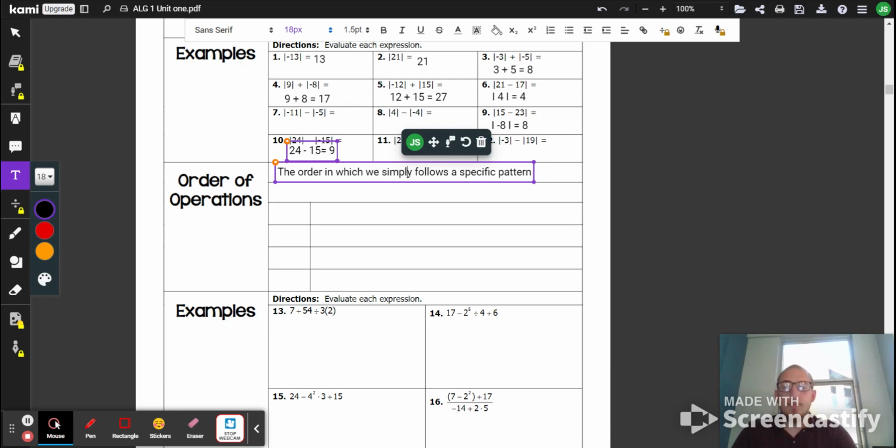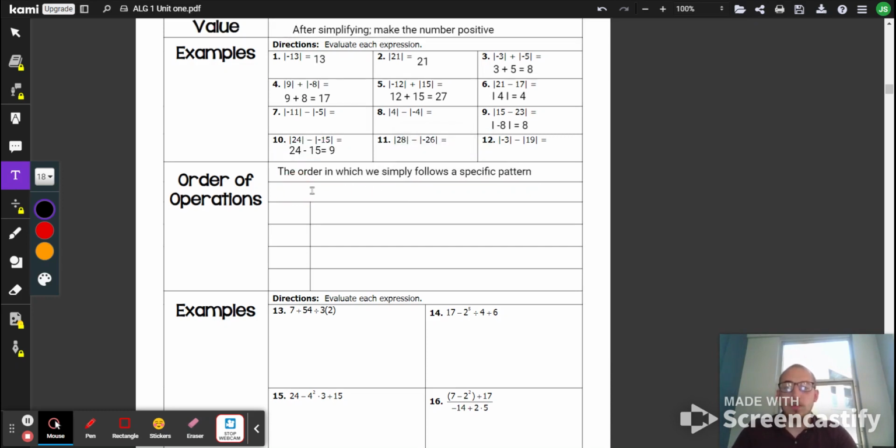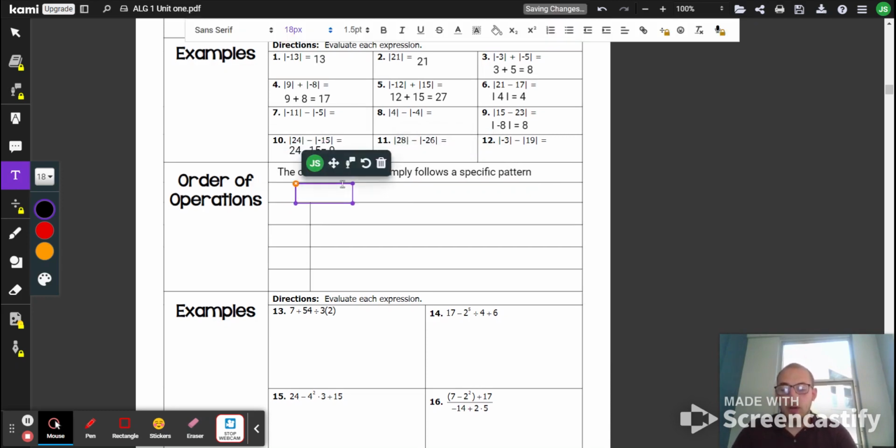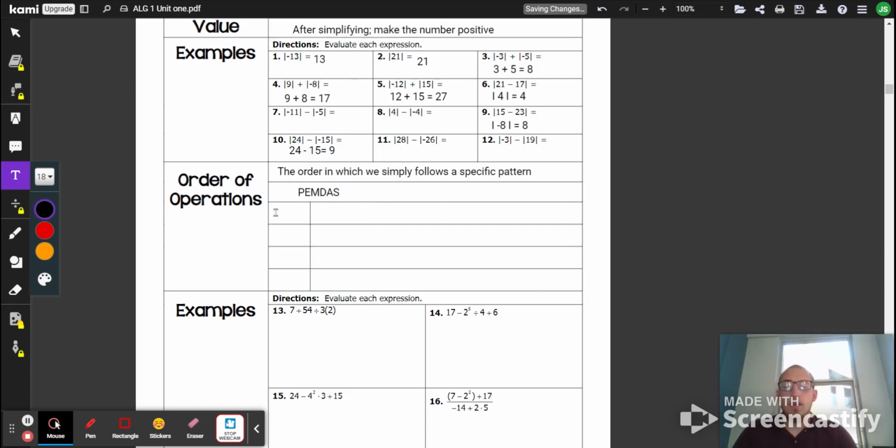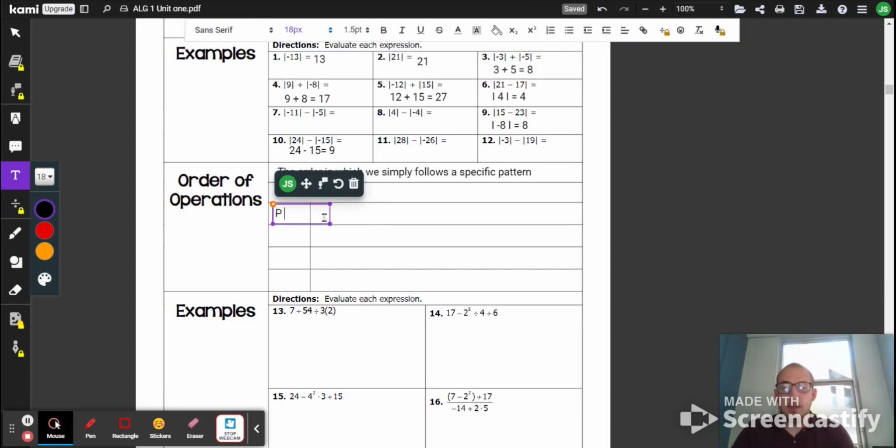When I say order of operations, many of you think of the acronym PEMDAS. The first letter in PEMDAS is P. P is parentheses, or other grouping symbols.